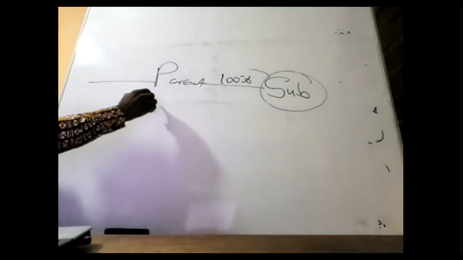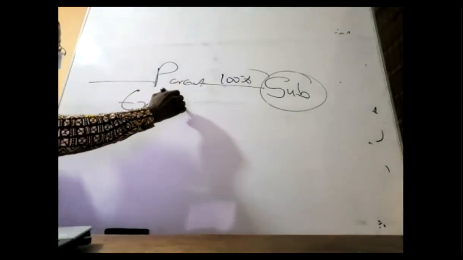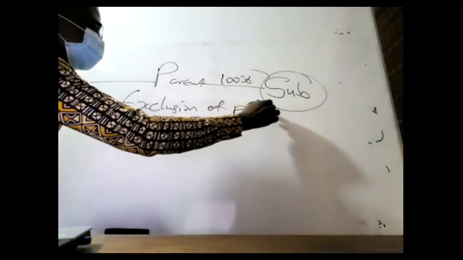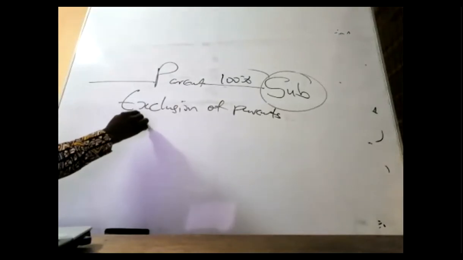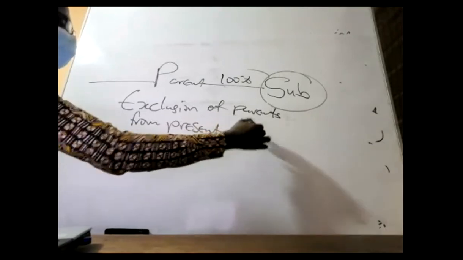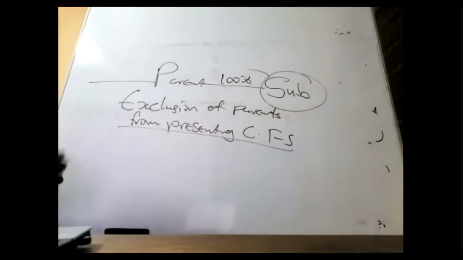The topic is exclusion of parent from presenting consolidated financial statement. Like this example, I own 100%, but they say no way, you will not be allowed to prepare consolidation.